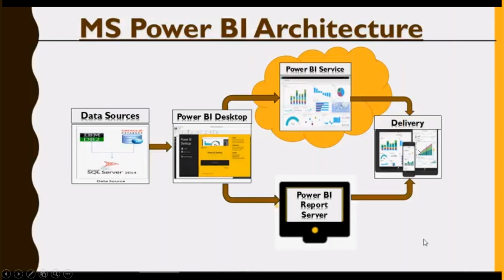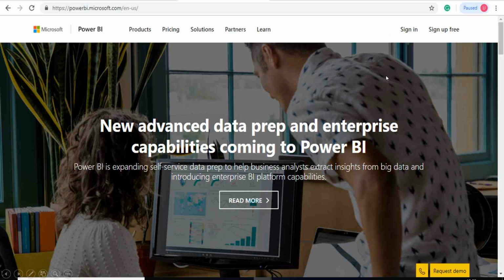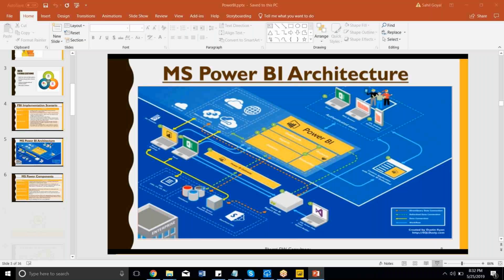Users can access them on a laptop, a mobile, or a tablet, any mode they can access the final reports which we built. So this has been explained the same way: we can publish the reports from our desktop to the Power BI cloud service. This is more about the installation part, which we have already discussed, how we have to download Power BI Desktop. So I'll just skip this.